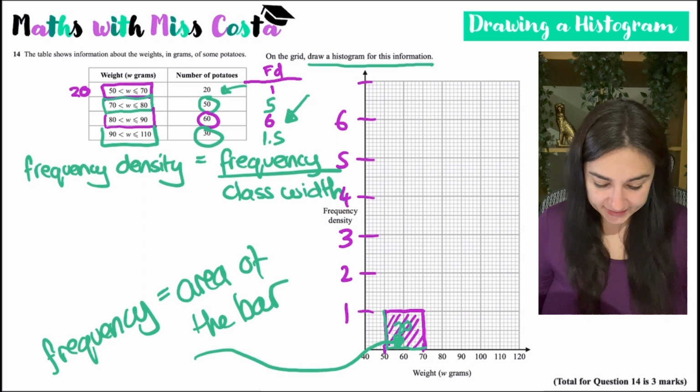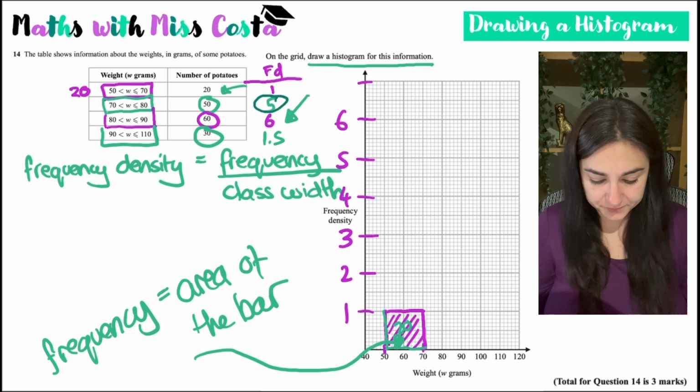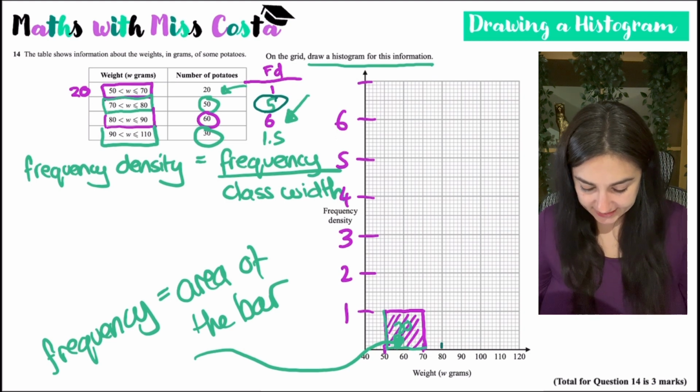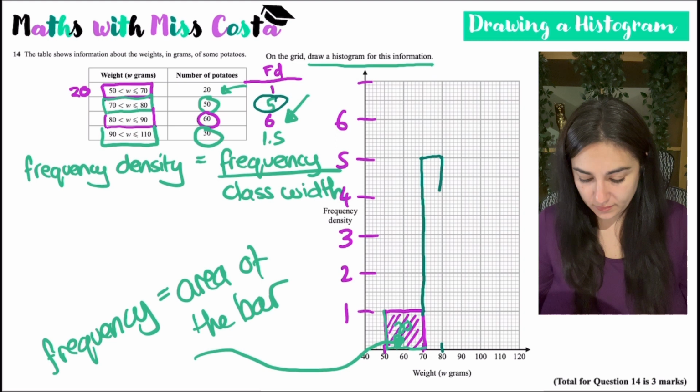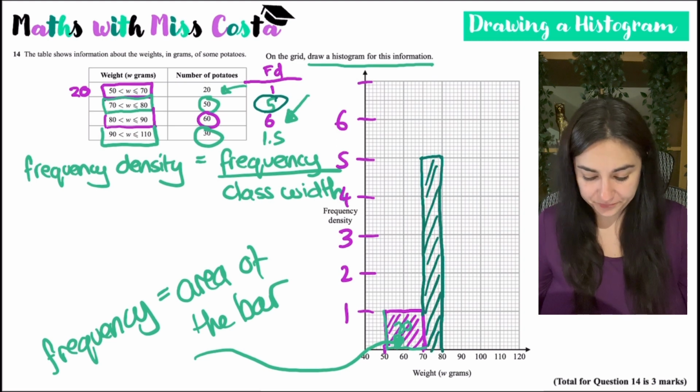Then let's do our next one. For our next one, the frequency density is 5 and the class width was from 70 to 80, so a width of 10. So go up to 5 and then that is my next bar. Let's just double check. 5 times 10 is 50, which is my given frequency.